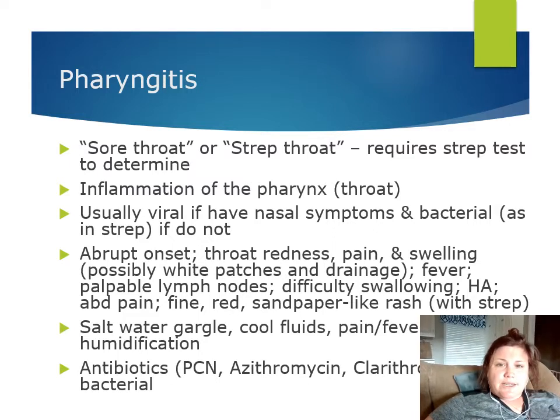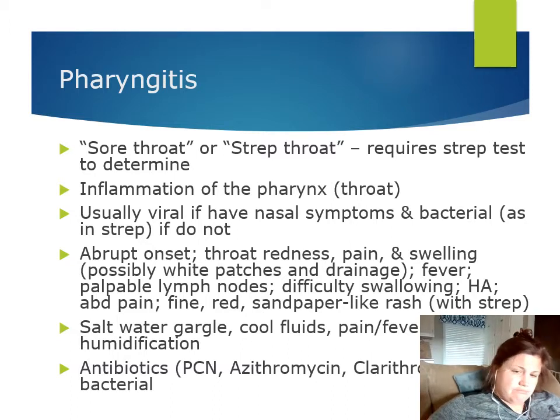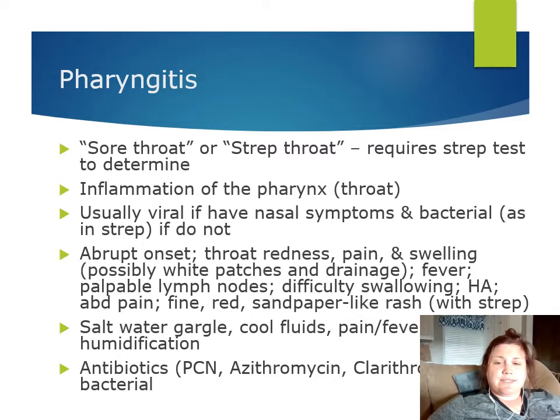For treatment, if we have determined that it is streptococcal, then antibiotics can be administered. If it's bacterial, things like penicillin, azithromycin, clarithromycin would be the drugs of choice. If it's viral in nature, then it's going to be more symptom management.